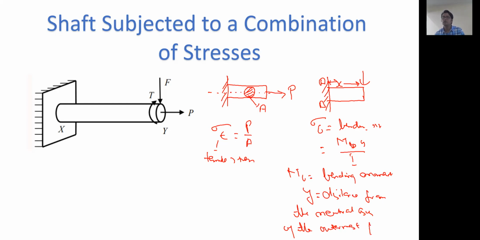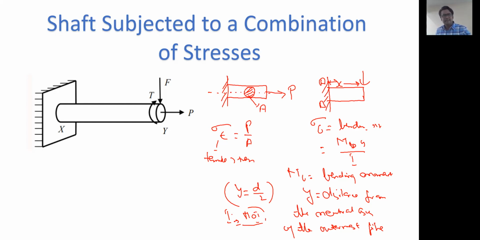If it is a shaft of diameter D, then y will be D by 2, and I is the moment of inertia. Perfect. You will be very happy to answer all these things, right?